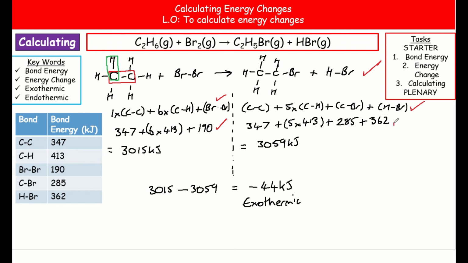Substituting in, you can have a mark on each side again, working out the values, have a mark for each of those, and then your final answer and identifying it as exothermic. So that gives us a total of 1, 2, 3, 4, 5, 6, 7, 8, 9. So give yourself a score out of 9. On your exam it won't be worth 9 marks, but it's good practice to then see how far you can get with getting the correct answer.